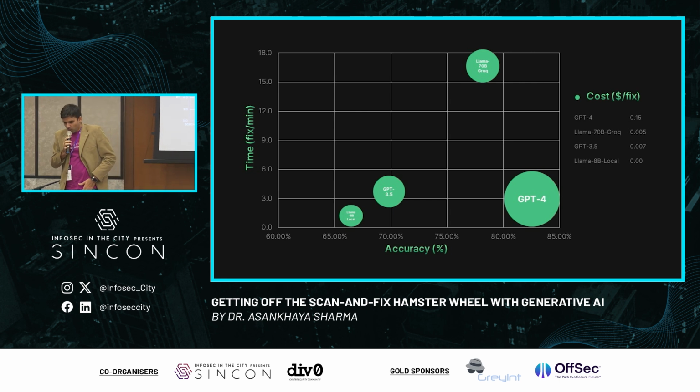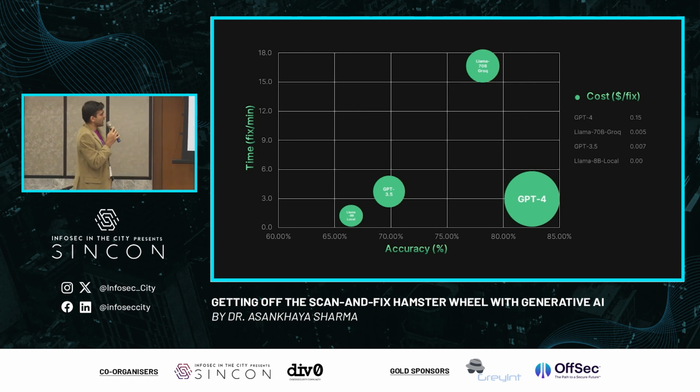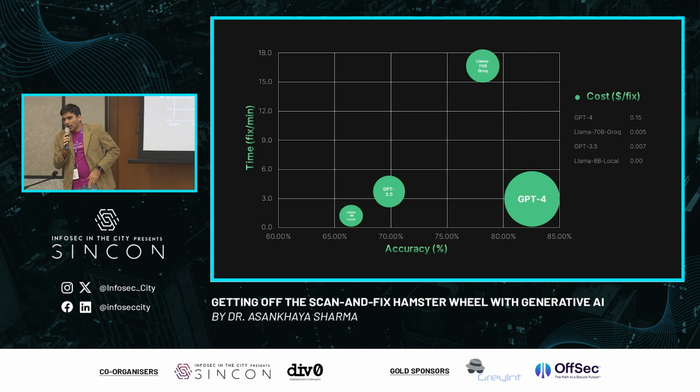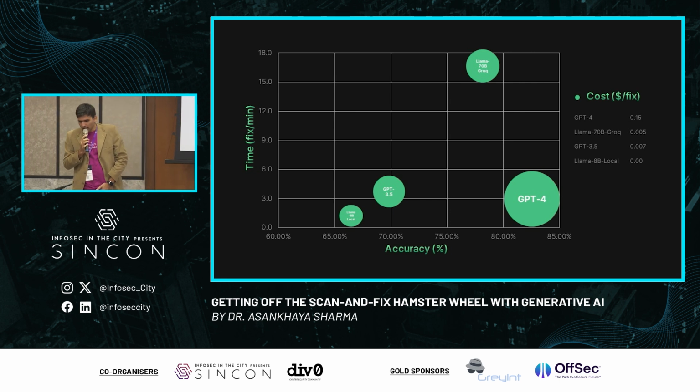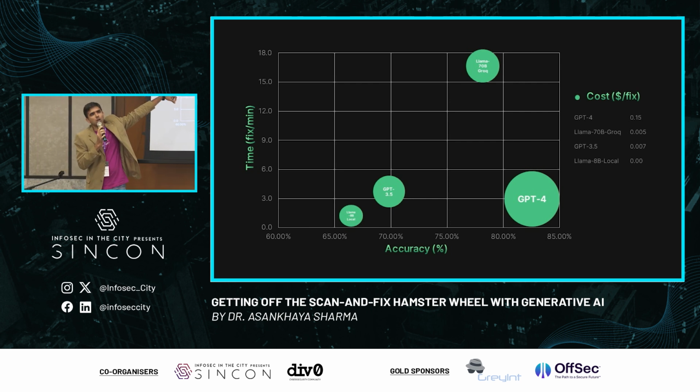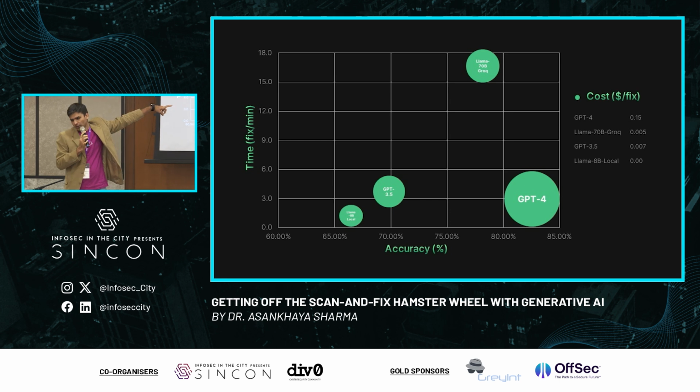So when you compare across these three axes, you will see that although GPT-4 is the most accurate, if you look at the time and the cost, Llama 3 is not so bad. So that is actually Llama 3 running on Groq, which is an LLM inference provider, right?